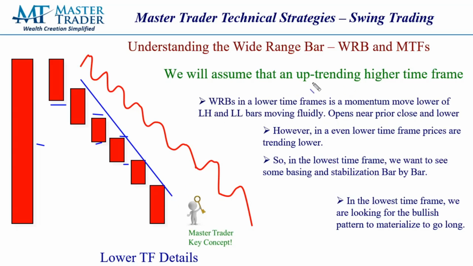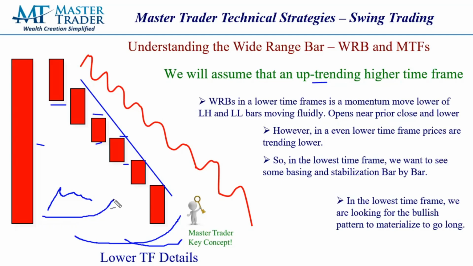As I said, we want to assume we have an uptrend in a higher time frame here. In other words, let's say our 20 is coming down to our 20, it's above our 50, they're rising, and we're looking for a turn here. Okay, fine. This came down in a fluid way, which is not as bullish as prices that may have retraced at a more bullish angle of retracement.